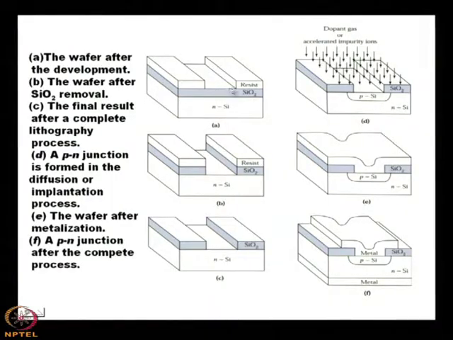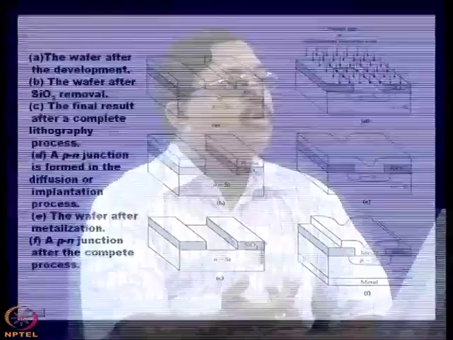Then you see that this portion is having SiO2. If you want to dope silicon by p type, then you have to remove the silicon oxide. Why? Otherwise, the dopants will not be able to penetrate through the SiO2, because the diffusivity through SiO2 of phosphorus, arsenic, aluminum, boron, etc., is very, very small.